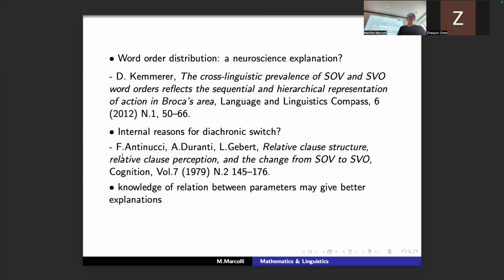People have also tried to put forward possible neuroscience explanations for why certain configurations of syntactic parameters are more likely to be encountered than others. Of course, one of the major possible reasons why parameters might be set a certain way more frequently than another is internal actual relations between different parameters.